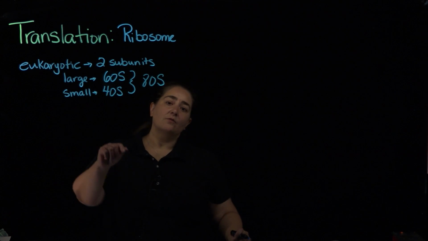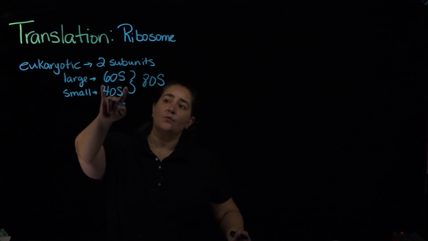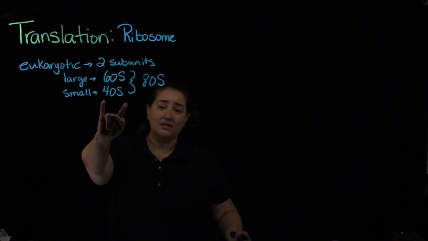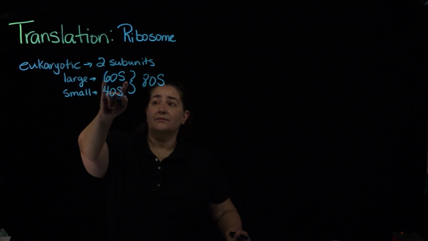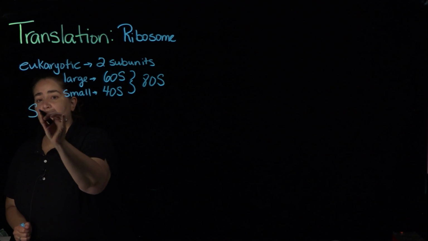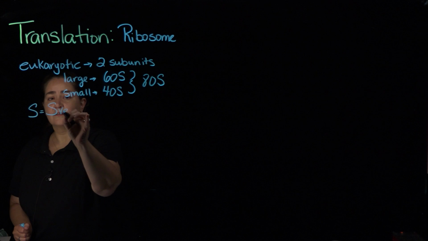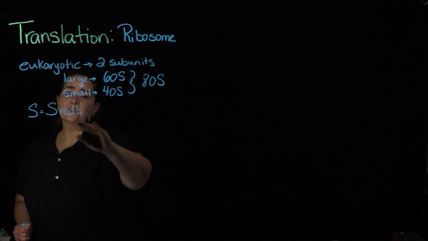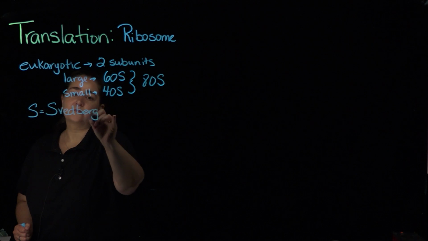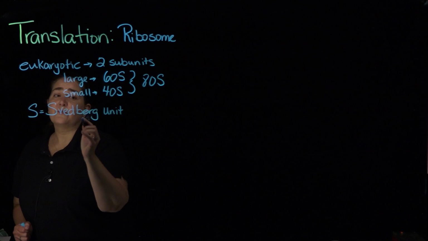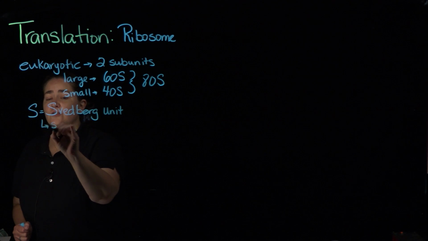Riley. Well, with ribosomes, the way this number was identified was not based on length, all right? The S actually translates to the Svedberg unit, okay, which measures surface area.